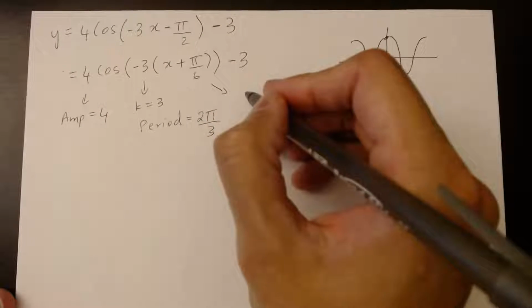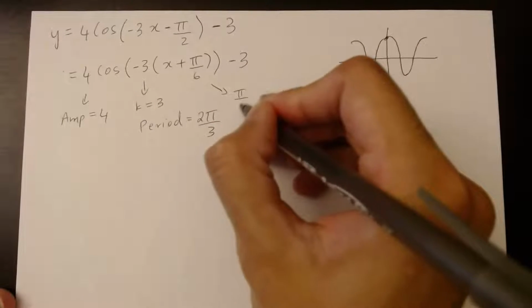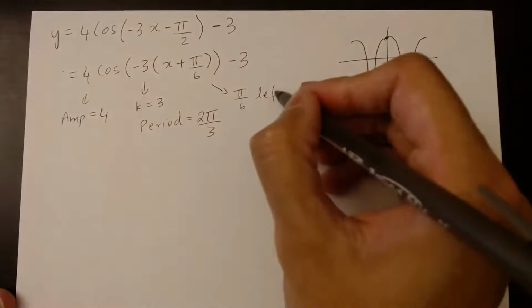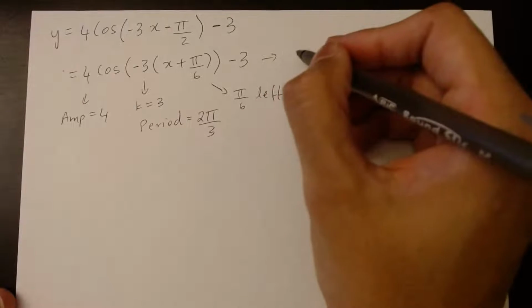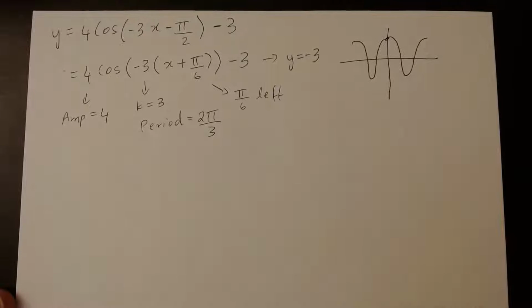I have a phase shift of pi over 6 to the left. And my equation of axis is y equals -3. So now with this information, I can sketch this out.